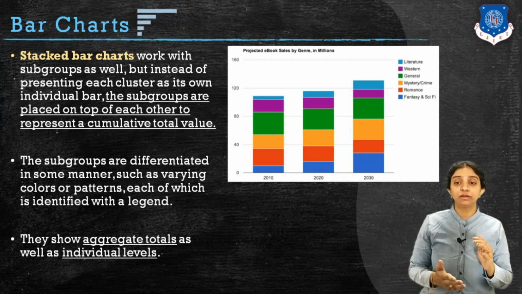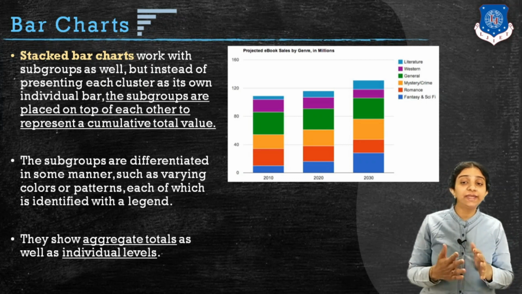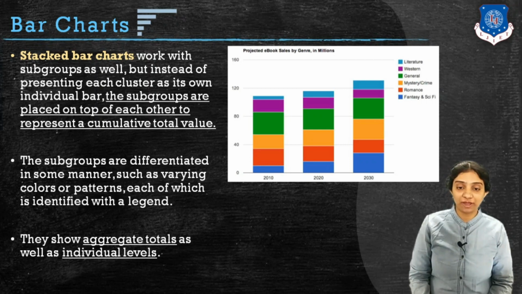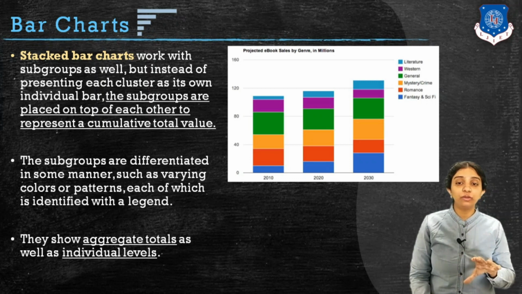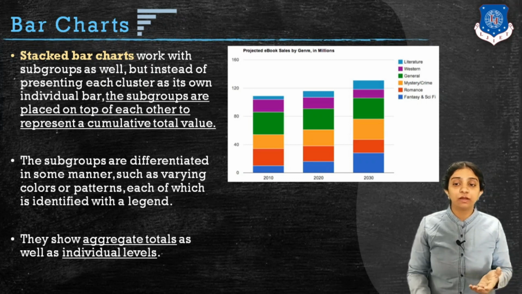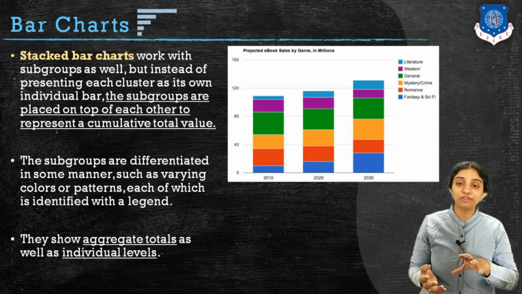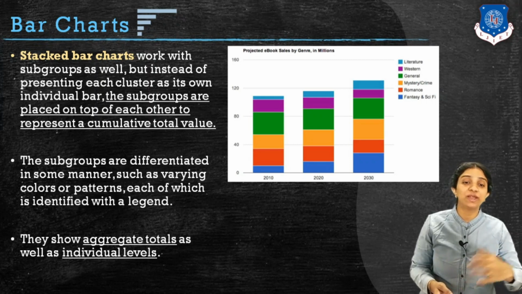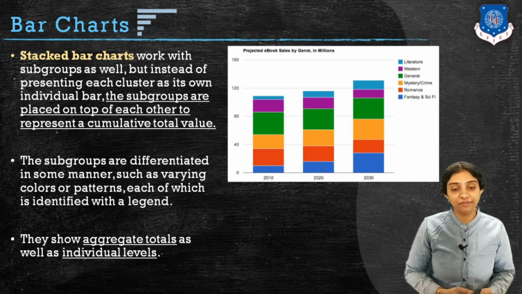Along with their individual values, the aggregated total is also represented by the stacked bar chart. So the collective 2010 sales is approximately 110, and the 2020 approximate collected sale of ebooks is approximately 130 million.